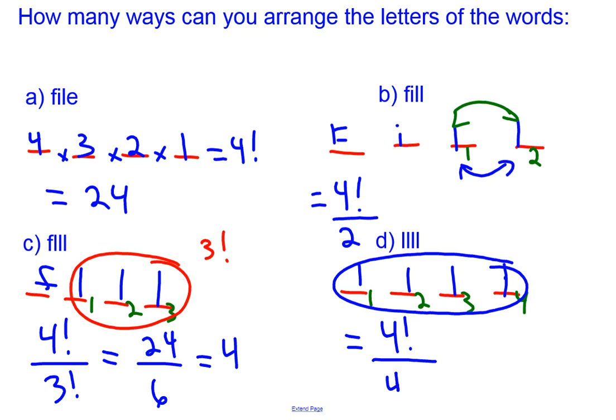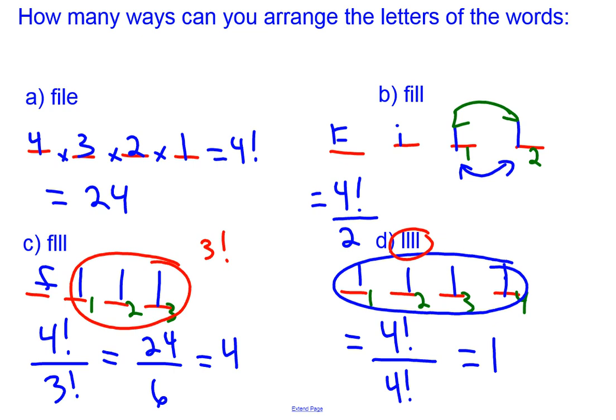There are 4 of them altogether, so 4 factorial divided by 4 factorial. That's 24 over 24, or just realizing that a number divided by itself equals 1. So there we have it. Obviously this one is easy to find: this is the only possible arrangement of 4 L's.